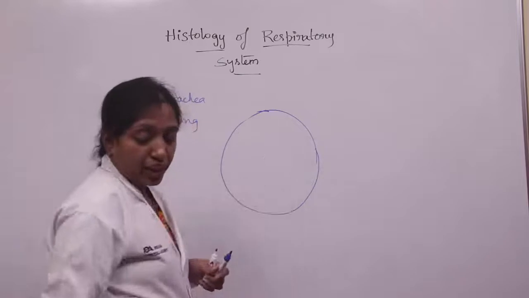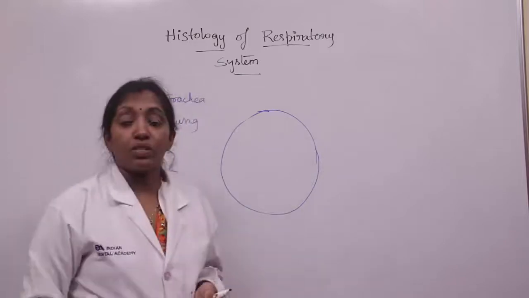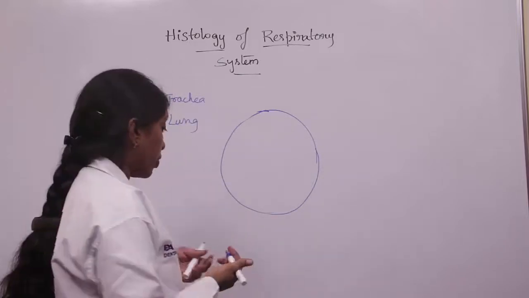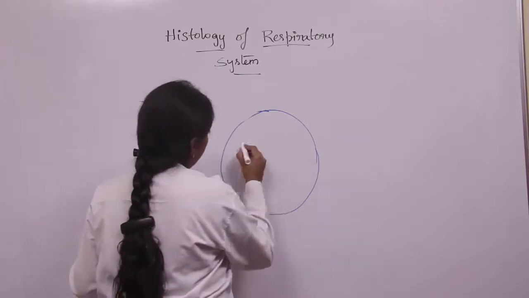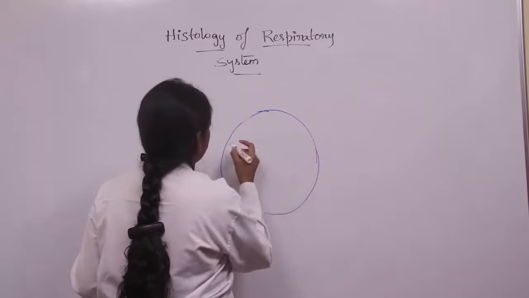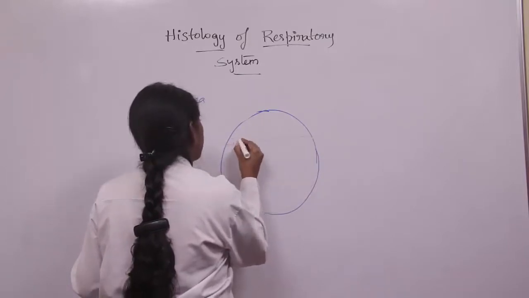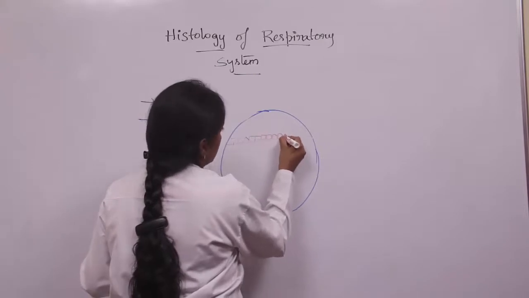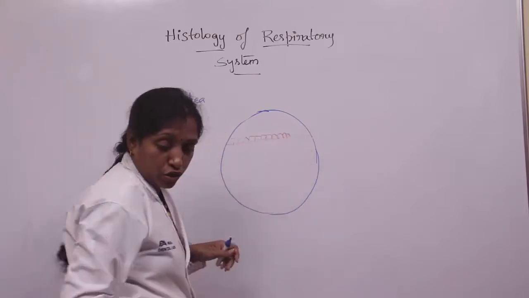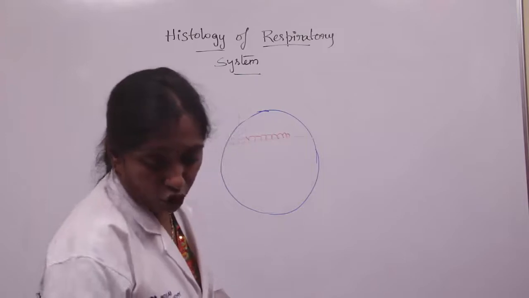the lining epithelium of the respiratory mucosa is nothing but pseudostratified ciliated columnar epithelium.